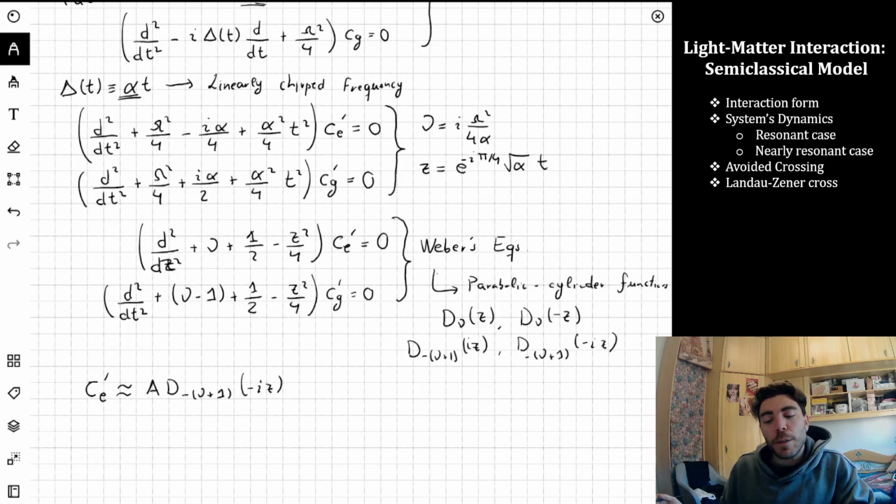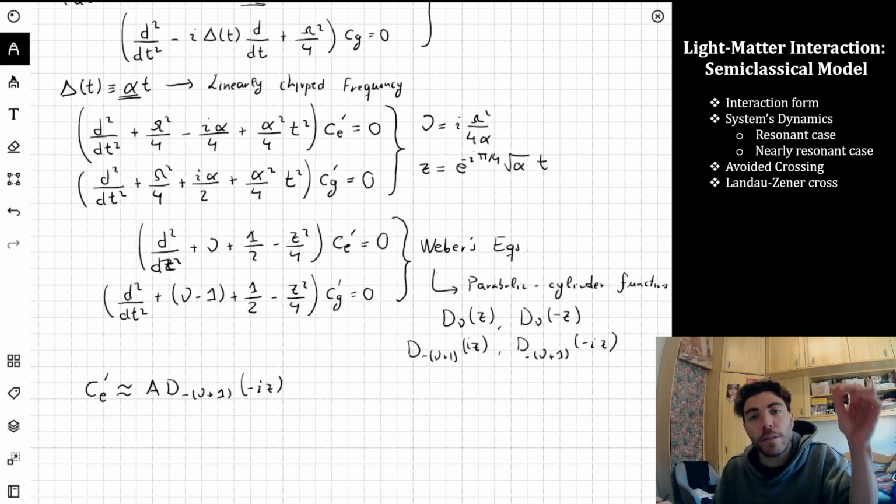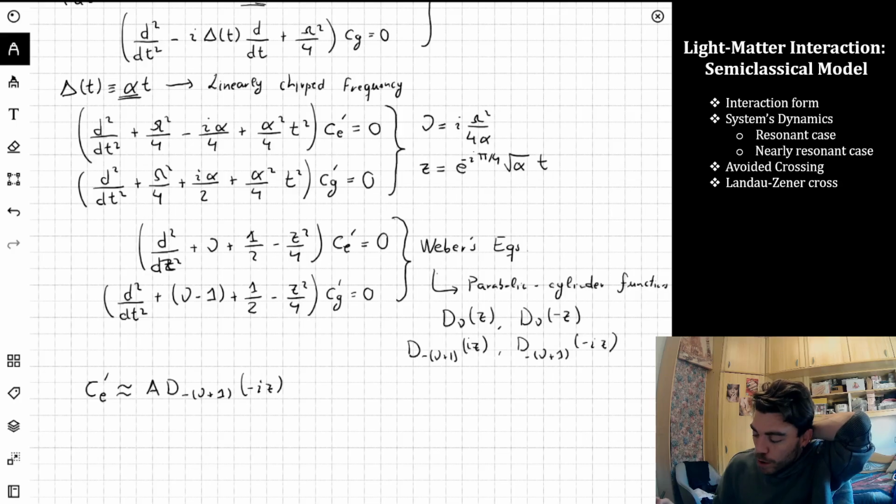This is a little bit more dark, I know, that I passed from this to here. I just wanted to let you know that there are these equations that are parabolic cylinder functions, and then in some cases, because we start having a lot of parameters, this alpha, this detuning, under some specifications we can actually write down and plot what is happening if we plot just the solutions.